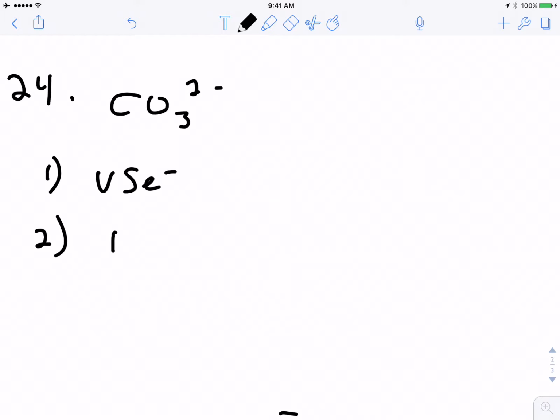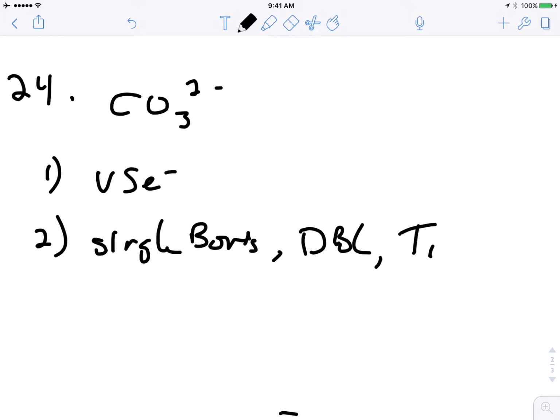24. Almost done. The Lewis structure of CO3 2-. Now we have some steps for Lewis structures. 1, we have to count out the valence shell electrons for all of them. 2, we go single bonds, and then double bonds, and then triple bonds.